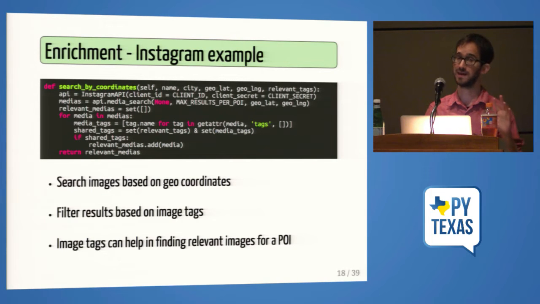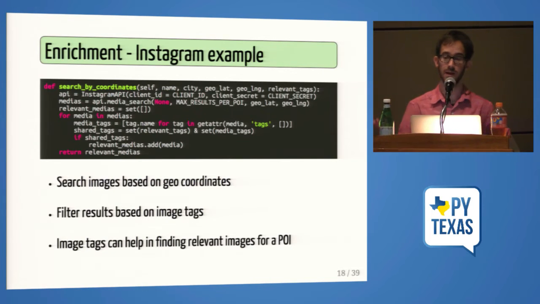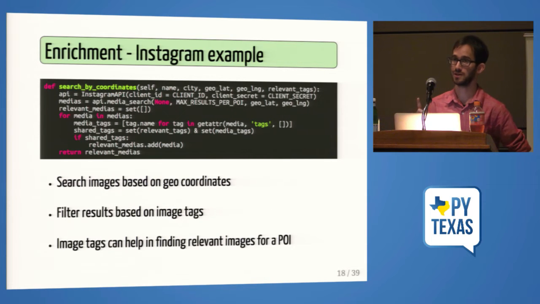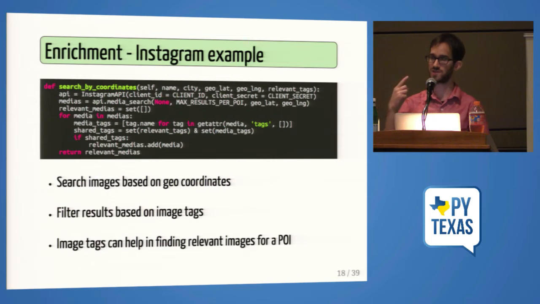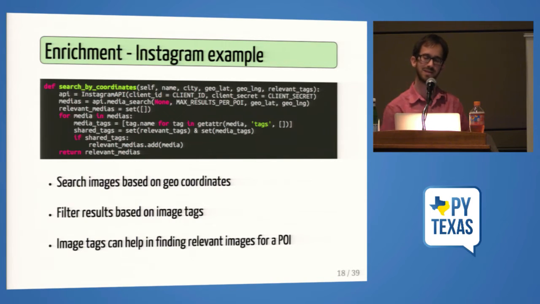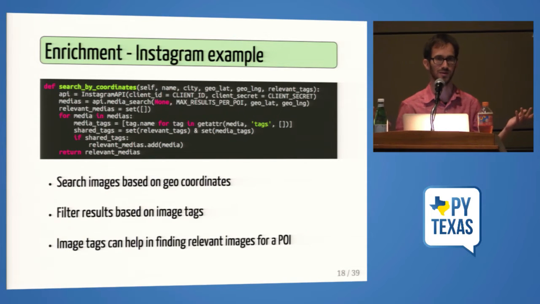It might not be that famous, so it won't have a representation in Facebook or Foursquare, but if we have its geolocation, we can search for images around that geolocation on Instagram. After that, we can try to filter images that have specific tags, such as hiking or trail or nature.